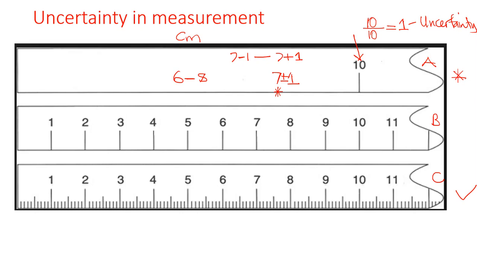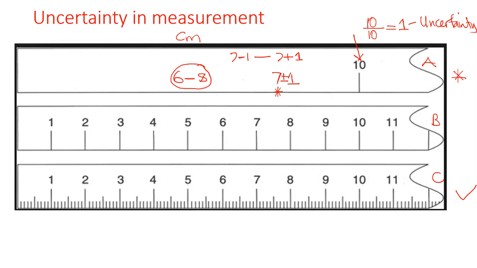So what I'm saying is I am certain that the measurement that I have made is within this range, because my uncertainty is 1. But as you can see, that is a crude measurement, very crude measurement.